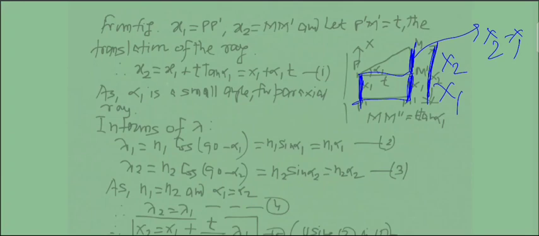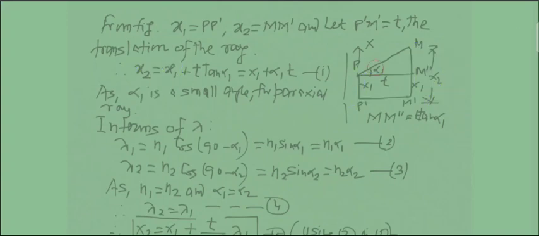So x2 minus x1, when we take this to the left hand side, what will this be equal to? Let us understand this very properly. Your M dash will be equal to M double dash, which you can see very clearly from the figure, plus M double dash M dash. Now let us have a look at this triangle.